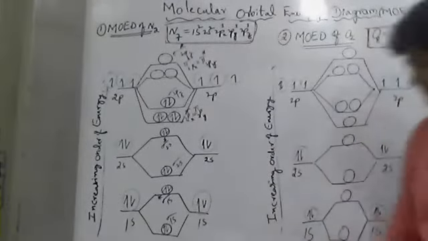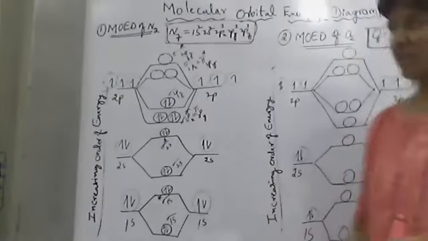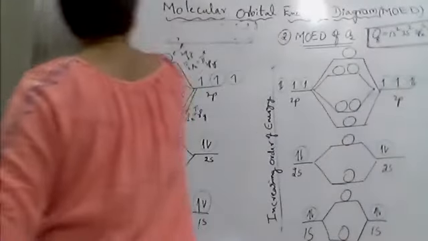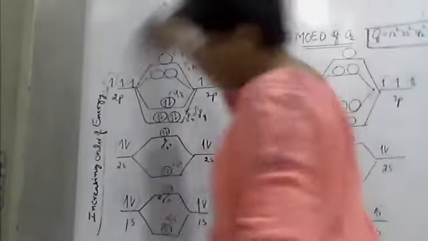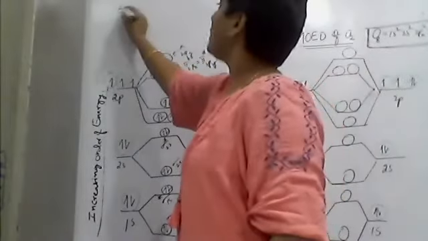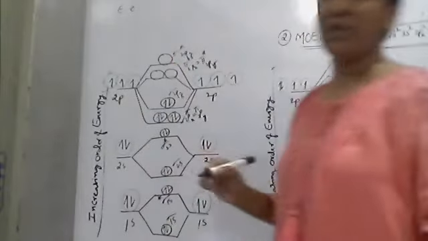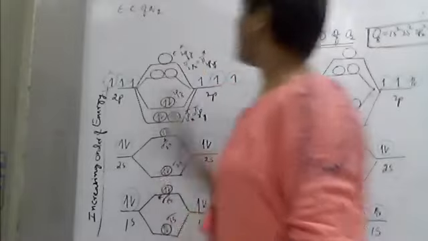Now after this, write the electronic configuration in increasing order. Whatever you see in this diagram, we have to write as an electronic configuration. So the electronic configuration of the N2 molecule. I'm writing the electronic configuration of the N2 molecule.